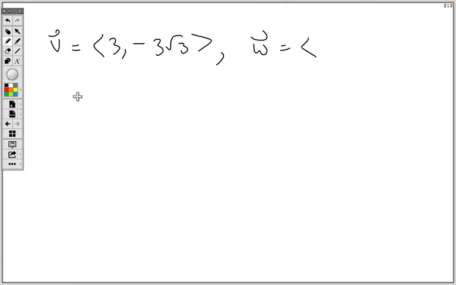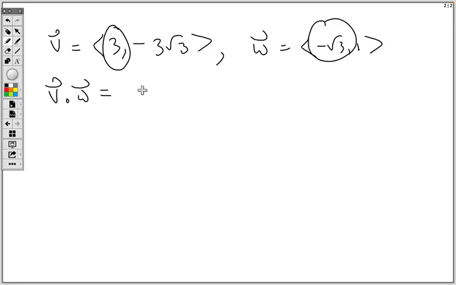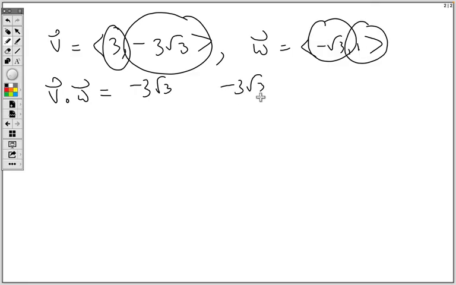We have v is 3 comma negative 3 square root of 3, and w is negative root 3 comma 1. Here comes v dot w. Multiply the x components together, 3 times negative square root of 3, giving negative 3 square root of 3. Multiply the y components together, negative 3 square root of 3 times 1, giving negative 3 square root of 3. Add the results, and I get negative 6 square root of 3.